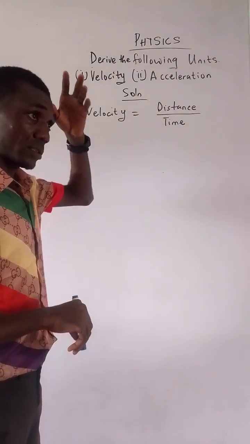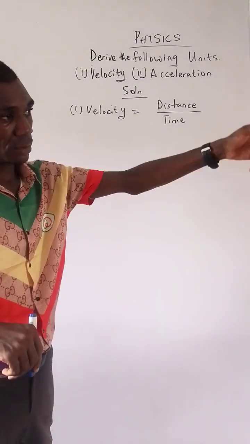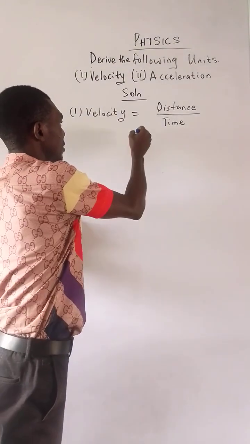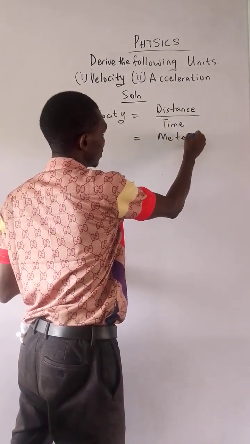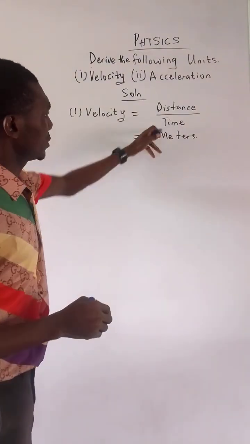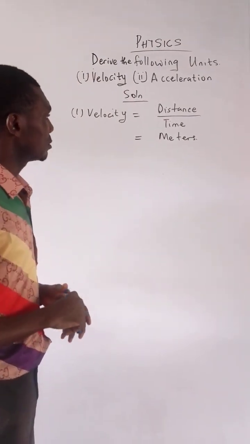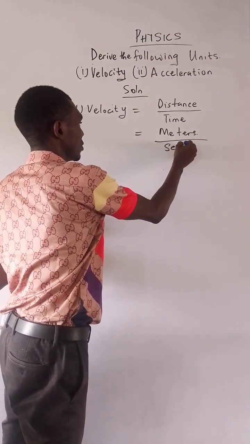This distance is measured in the form of length, and the distance has the units of meters. Then time is also a fundamental quantity, which we stated from the beginning, and time has a unit of seconds.